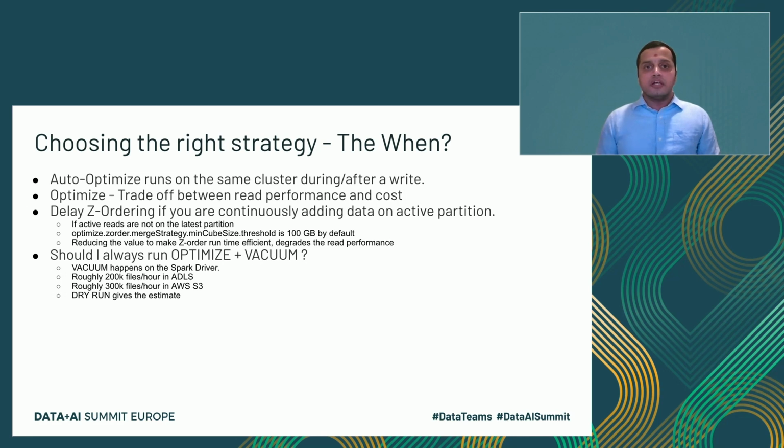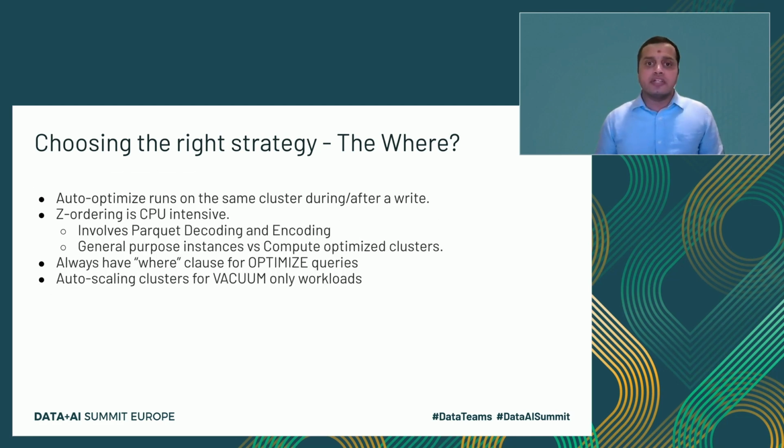So the last part is where exactly I should run these commands. Again, the auto optimize, that is the optimize write and the auto compaction, will be triggered on the same cluster where the write operation is done. Whereas you can choose the cluster type where you run the Z order and the normal optimized queries.